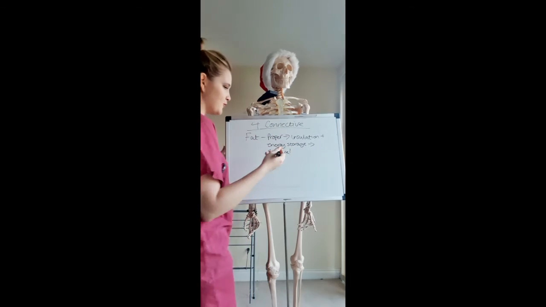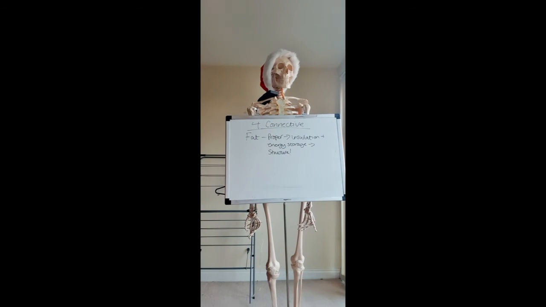It plays a key part in holding all of your organs in place, okay? So fat, really important, as much as we don't like it. It's proper connective tissue, provides insulation and energy storage, and is also really important for structure.